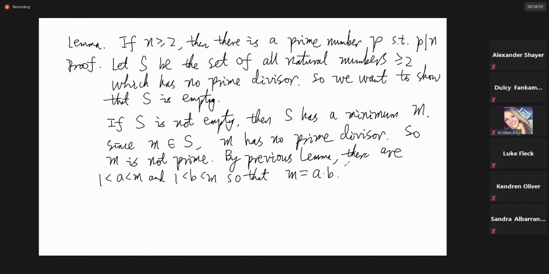Now, we want to use the minimality of M. Since M is the minimum of S, and a is less than M, we know that a does not belong to S.